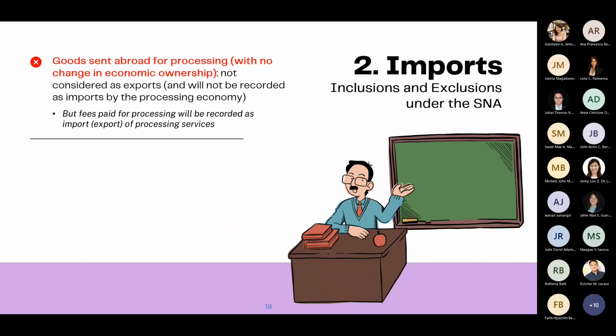But take note, there was no recording of imports of goods, but there was a trade in services. So, okay, take note of those differences. We're talking about goods sent abroad, but these will not be considered as exports and imports. But the imports and exports of services played a role here. All right.